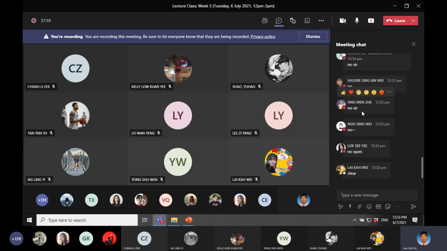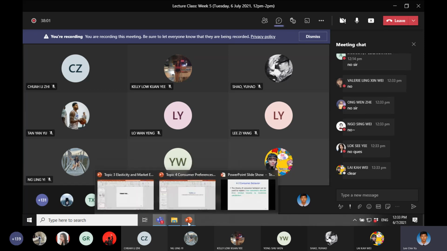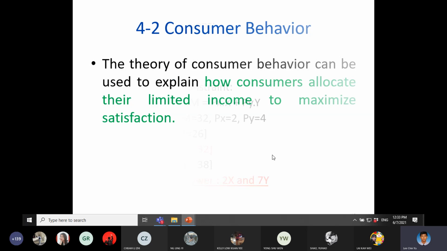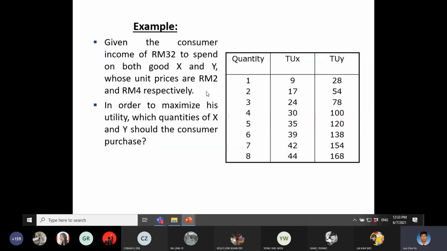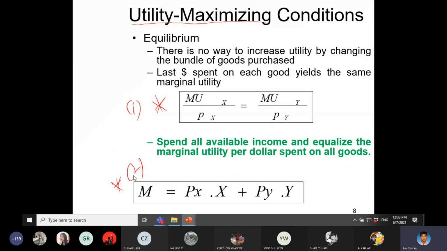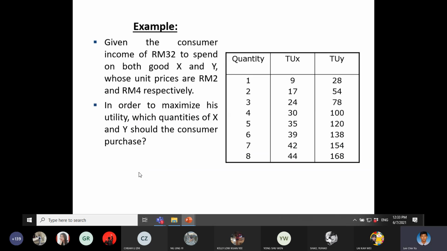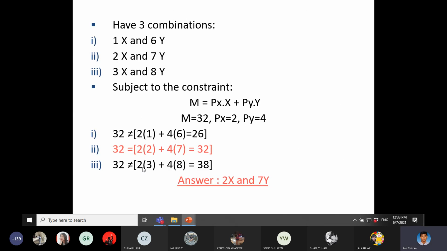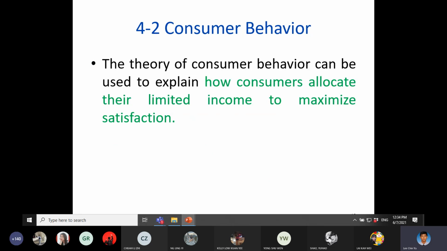Now we go further. If we understand the basic idea, the first condition and the second condition, now we go on to analyze consumer behavior. How does the consumer behave? The theory of consumer behavior can be used to explain how consumers allocate their limited income to maximize satisfaction.